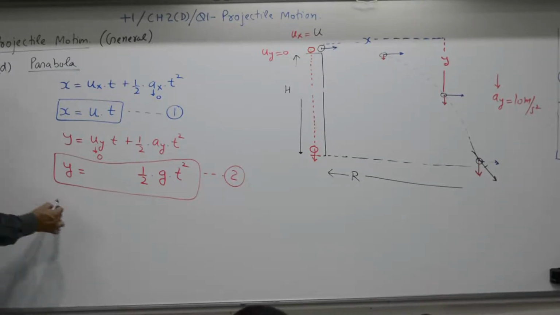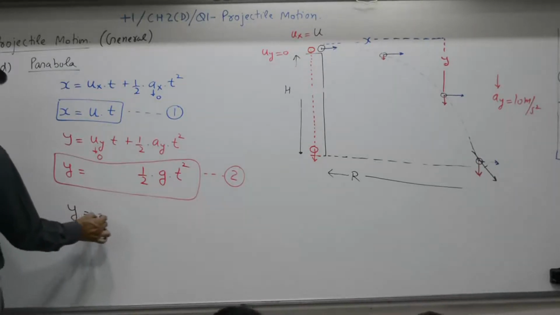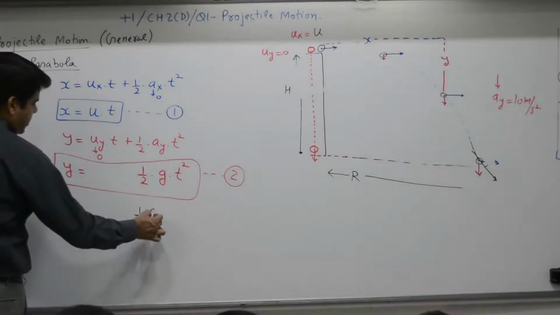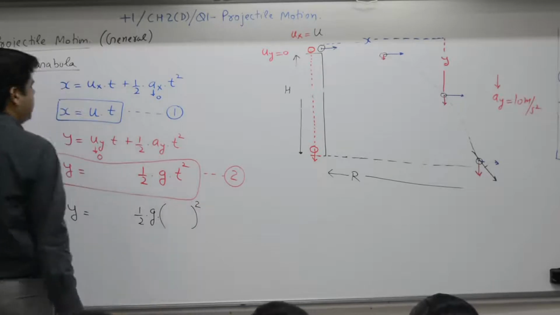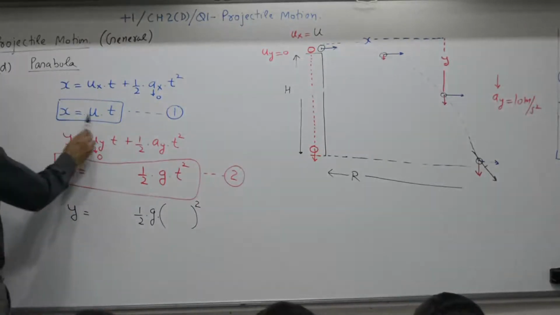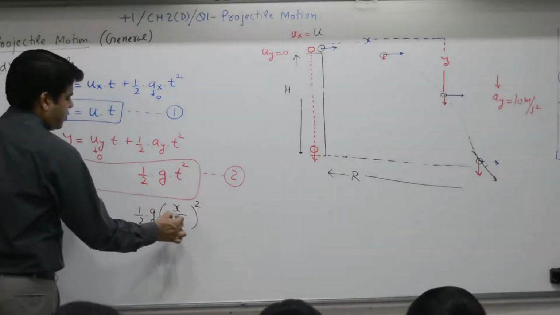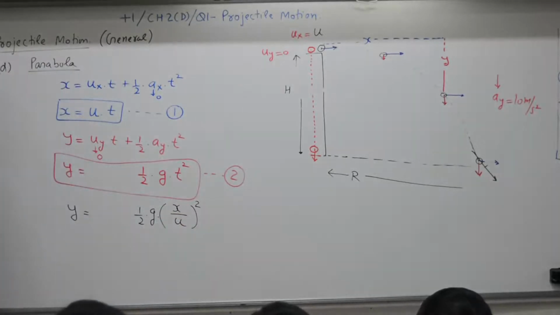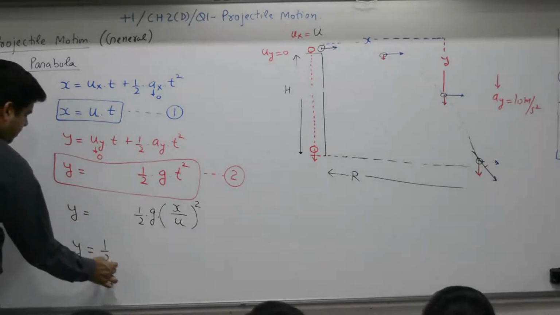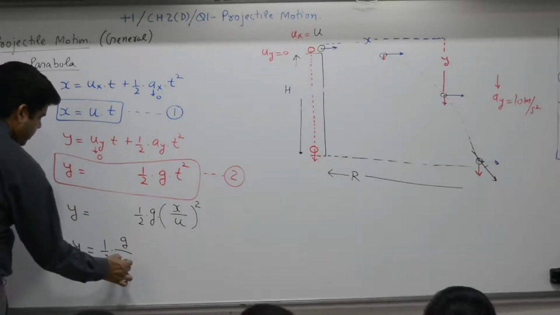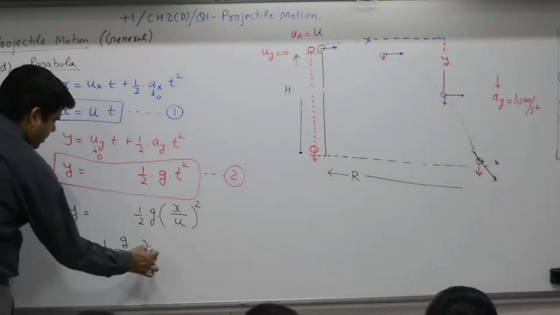What you get is y is equal to 1 by 2 g into (x by u) whole square. So y is equal to 1 by 2 g by u square into x square.